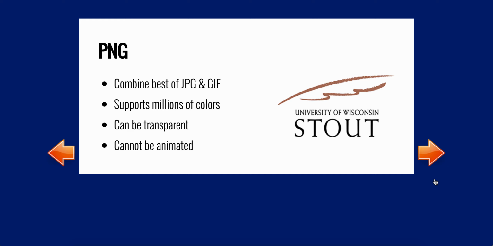The only thing is with PNGs is they cannot be animated, but to me that's a really minor thing. So PNG files are becoming very common to be used for both photographs and line drawings. The image at the right is actually a PNG file and is transparent, as we'll see in the next screen.